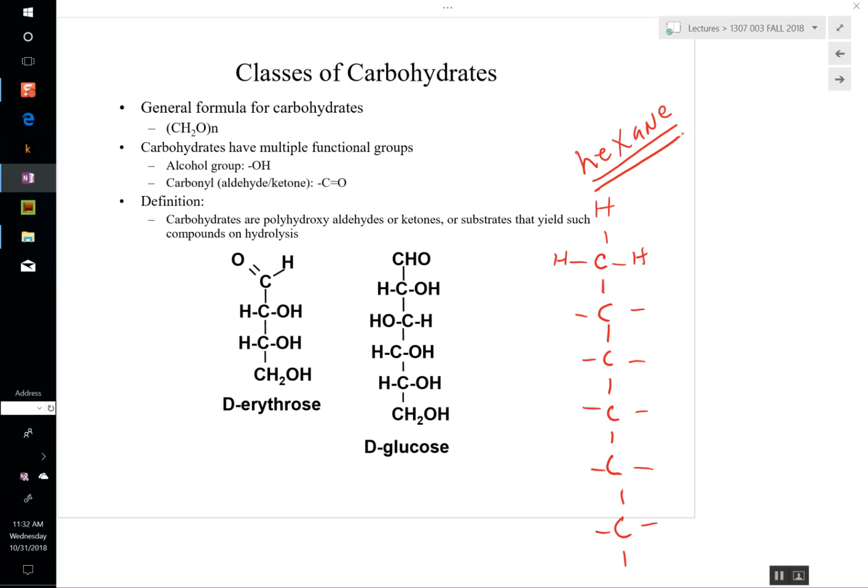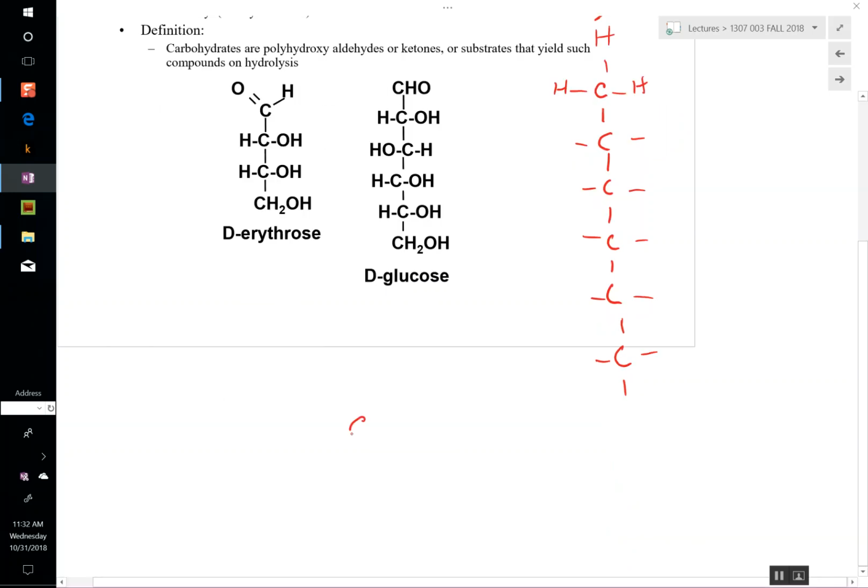Every single carbon has an oxygen on it, which makes it a pretty polar molecule. Everywhere along here, if you look at that bottom carbon, what do you have? You have an OH there.